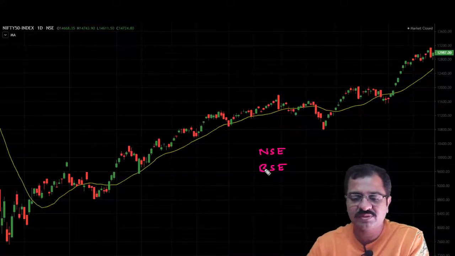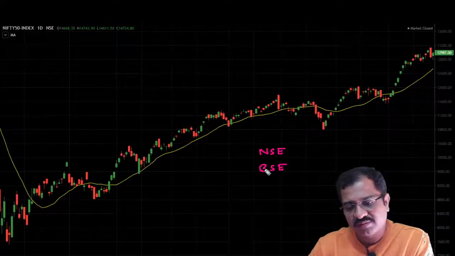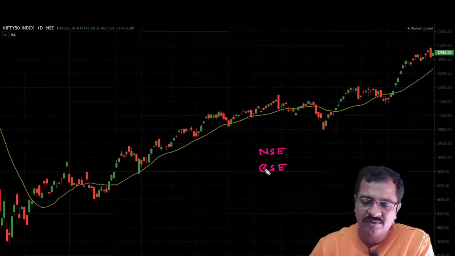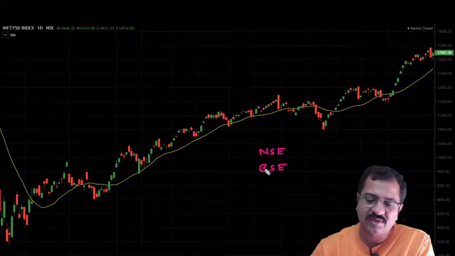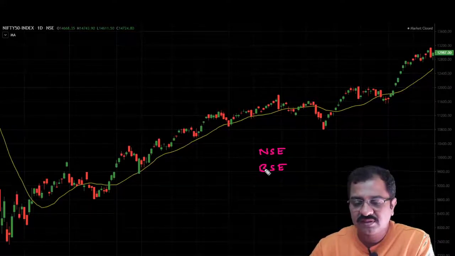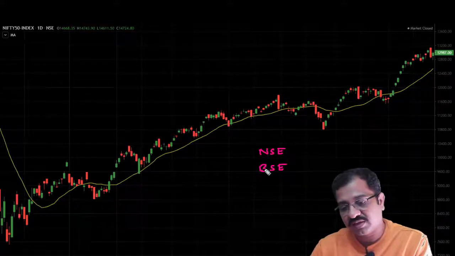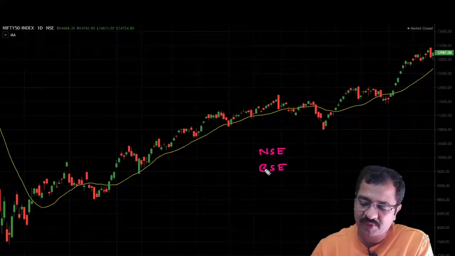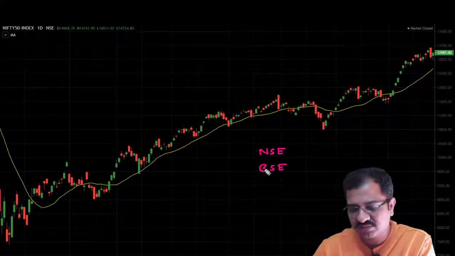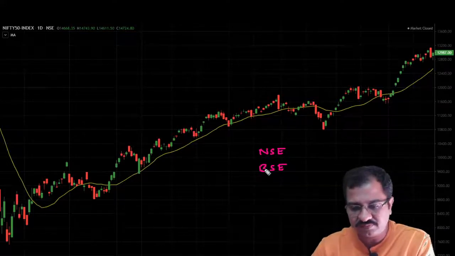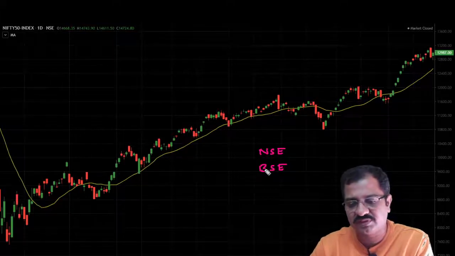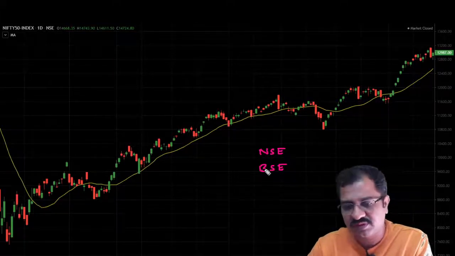If there is a very small difference, you will earn 2 rupees there, and in brokerage you will lose 10 rupees. So that should not happen. Whenever you are finding arbitrage opportunities, there should be considerable gain to compensate for your other expenses like brokerage and taxes and everything.